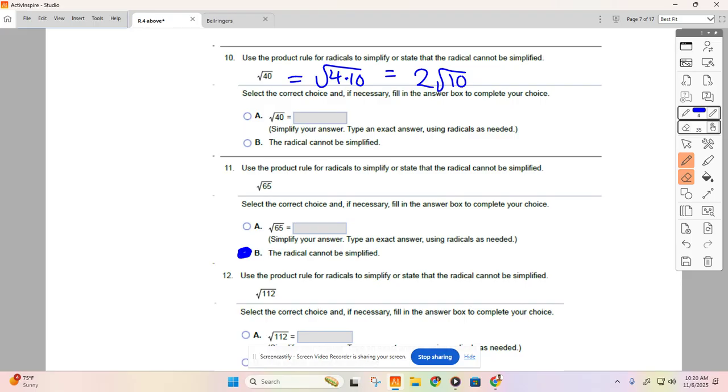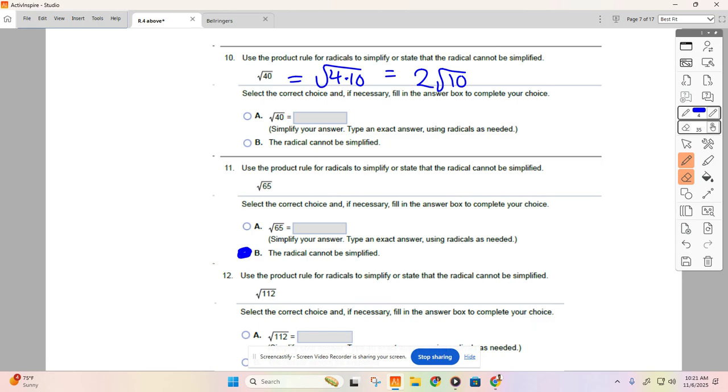The square root of 112. The way that I do these, I just look at the numbers. I might start with 81, but I know it's not going to go into it. Let's try 64. I do the divide and I don't get an even number. I arrow up and change my 64 to 49. Still does not go into it.